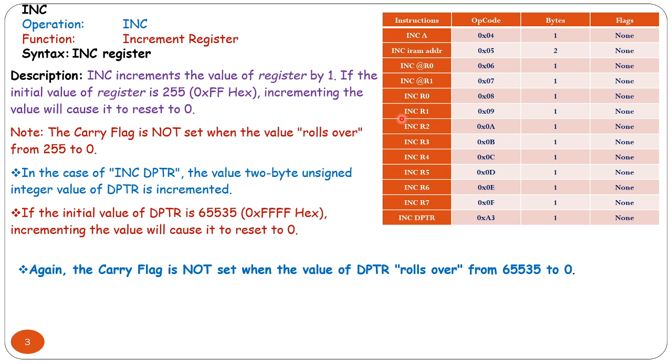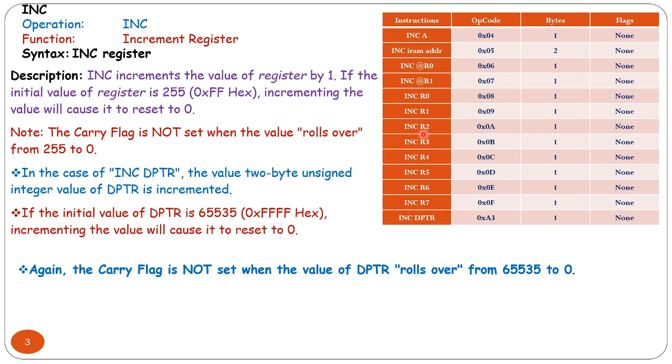Increment R0: the general purpose register content is incremented by 1, and increment R1 increments the content of general purpose register R1 by 1. The result is again stored in the R1 register.